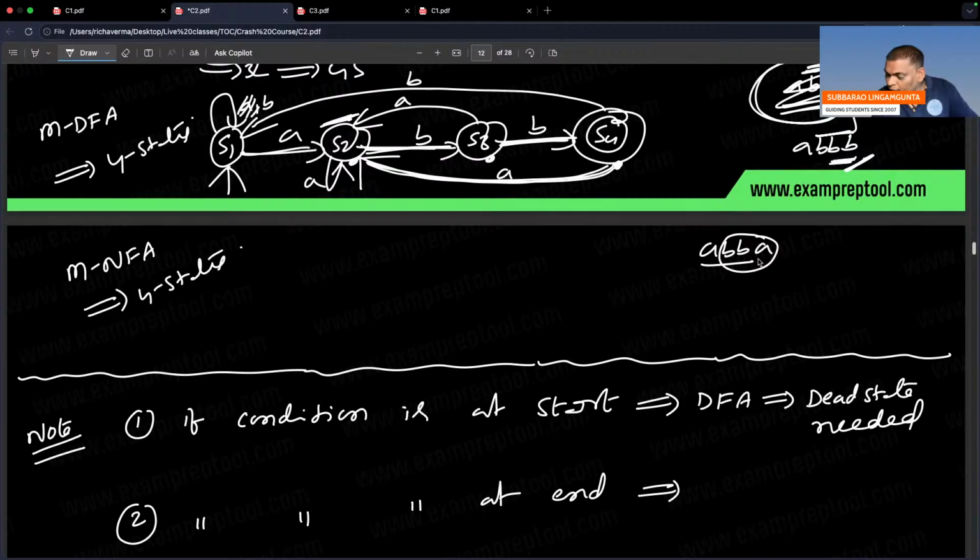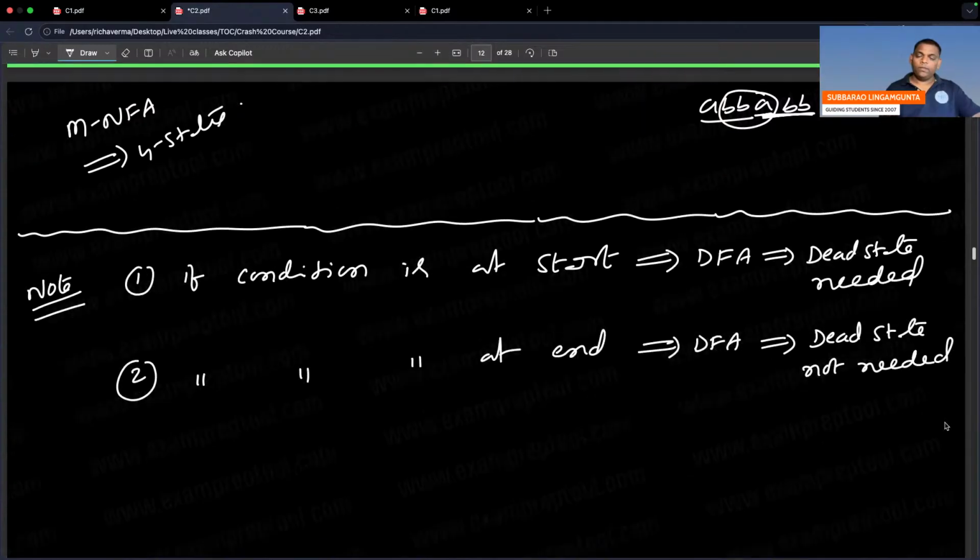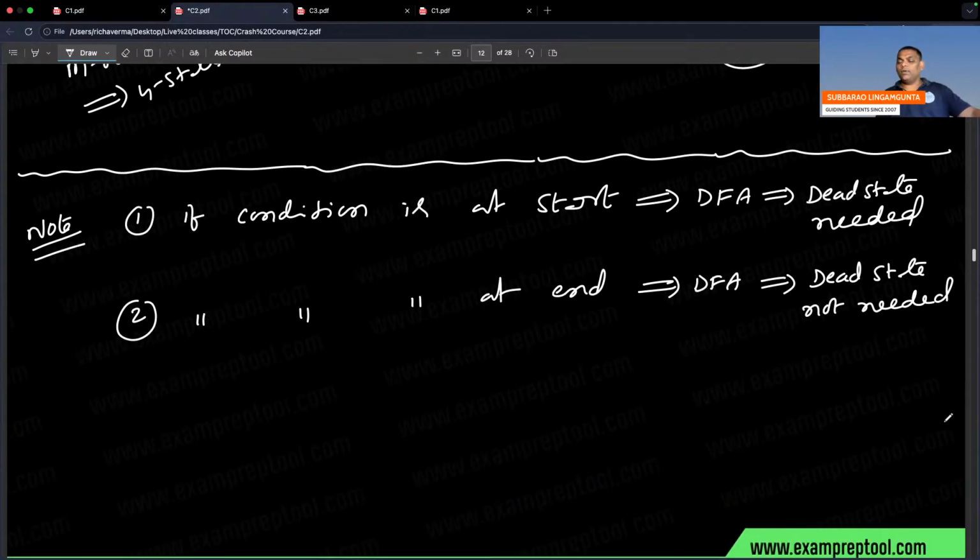After this A, again double B, I will go to final. So if the condition is at the end, in the DFA, a dead state is not needed. If the condition is at the start, in the DFA, a dead state is needed. If the condition is at the end, in the DFA, a dead state is not needed.